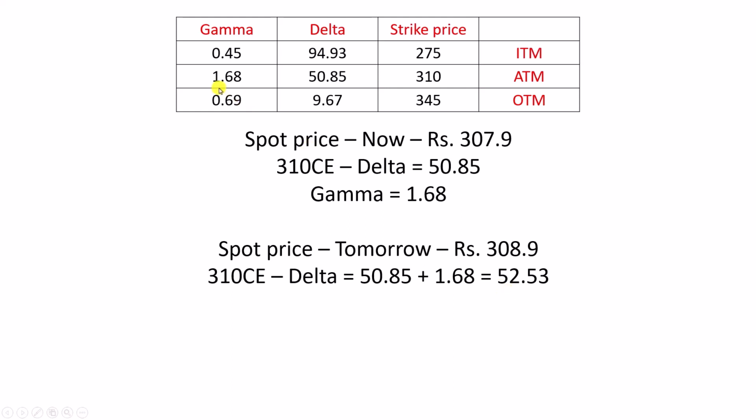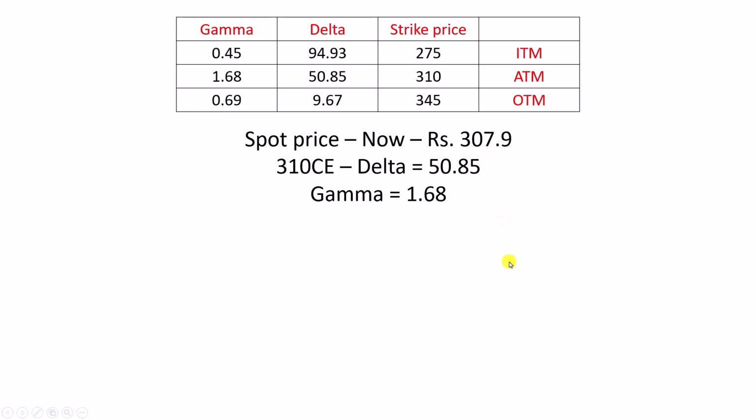So basically gamma value tells us how much delta value changes by when the stock price changes by 1 rupee or 1 unit. Now let me proceed further. If this changed in a negative way, instead of going from 307 to 308, what if it goes to 306?